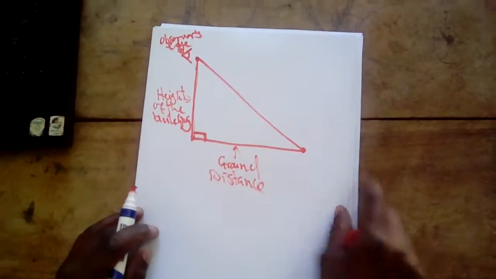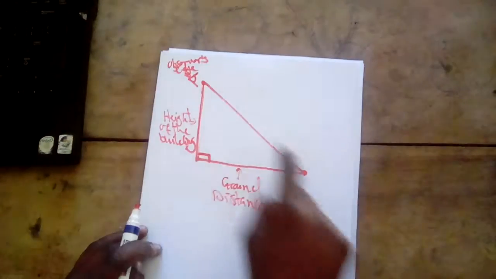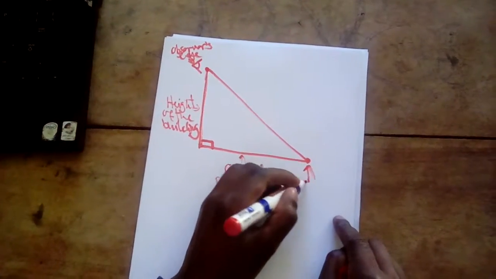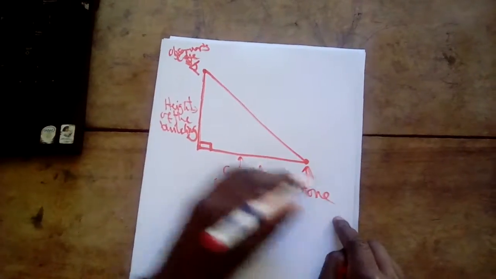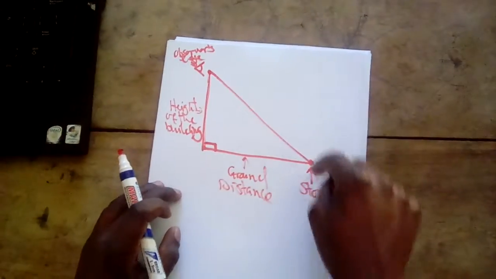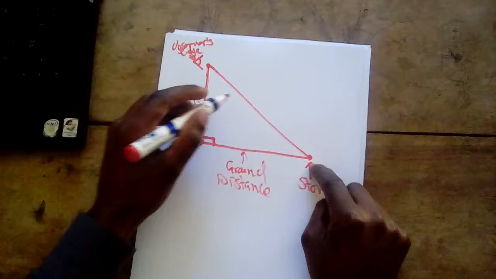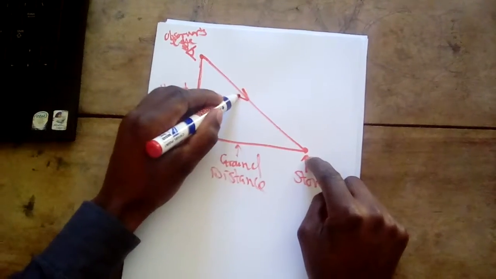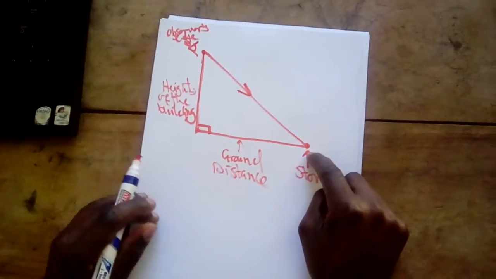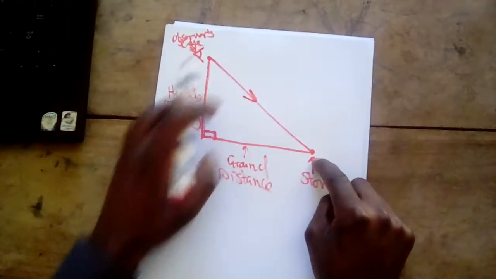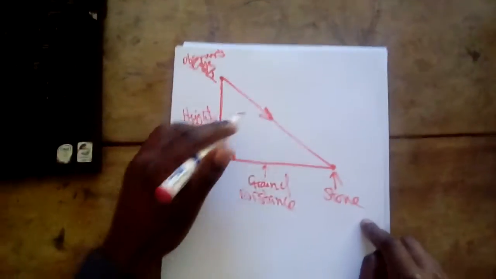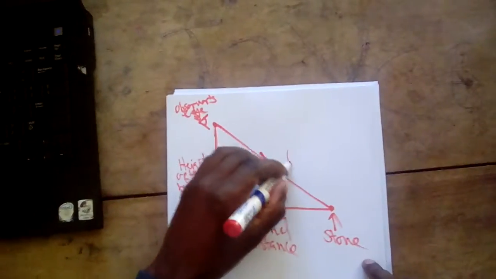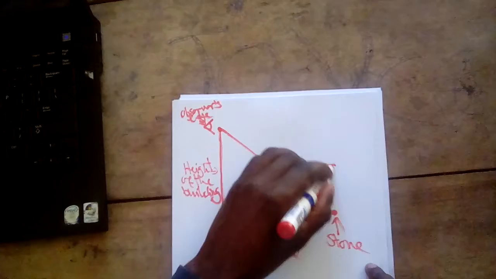When a person looks at something below, in this case, this is the stone, there is a line of sight. Usually, observation travels in straight lines, and this line is the line of sight to the object or stone. Call it line of sight.